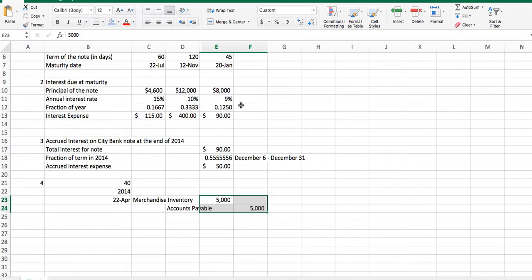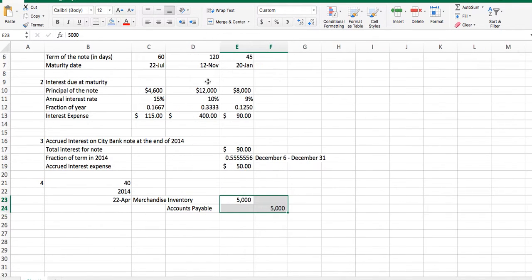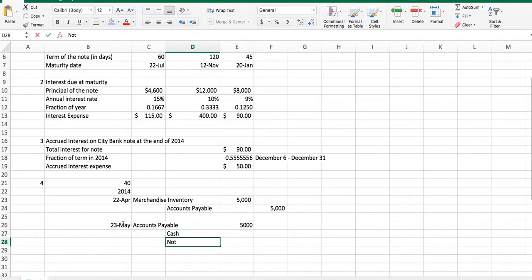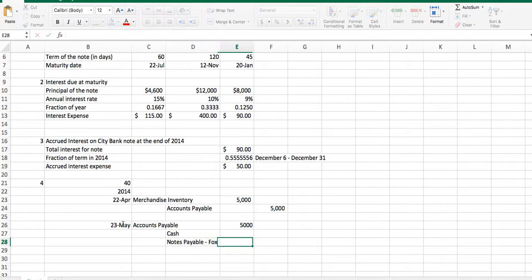This is an entry we've already seen, but let's look at May 23rd. We changed the accounts payable that we originally owed to a notes payable and cash. I'll add Fox on there so we don't forget. They had to pay $400 cash, and then they signed a note for $4,600.